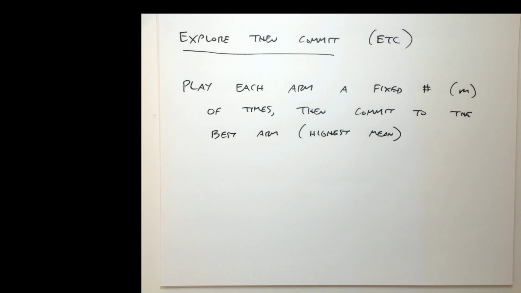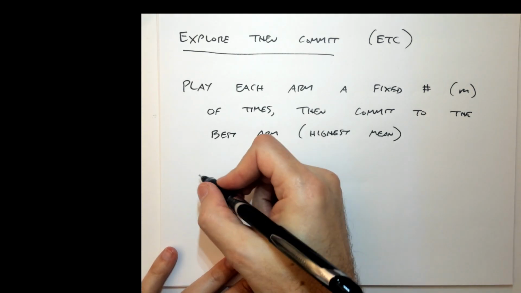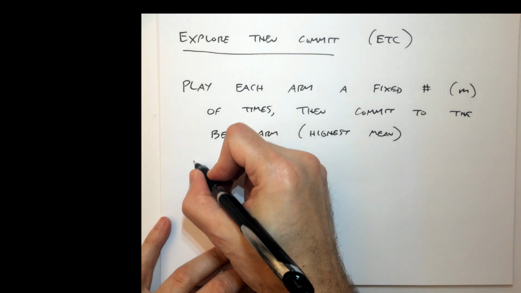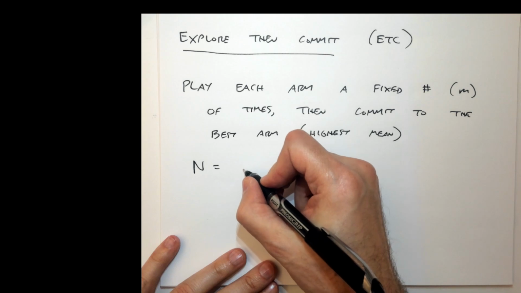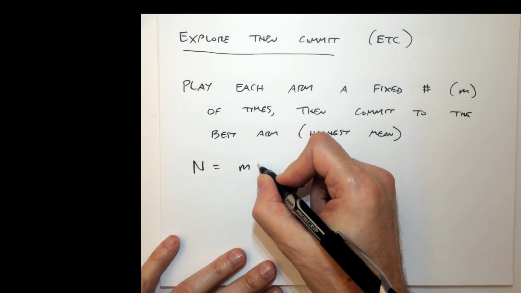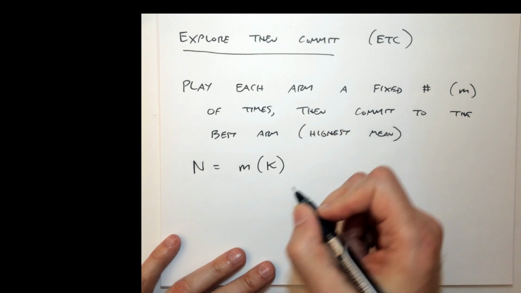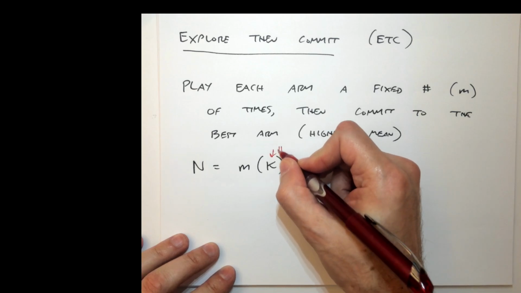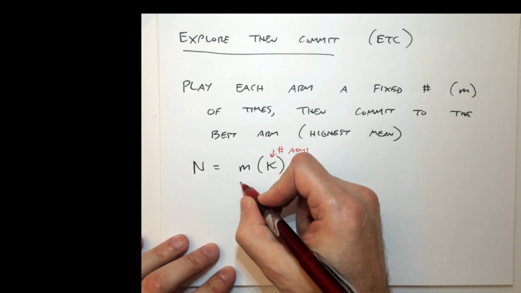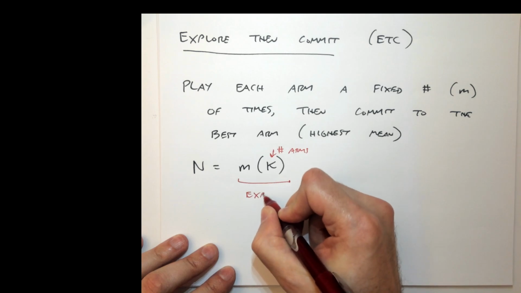Right? And so again, you only have capital N tries total. So M times, let's say, K pulls, where K is the number of options or the number of arms, is the exploration phase.